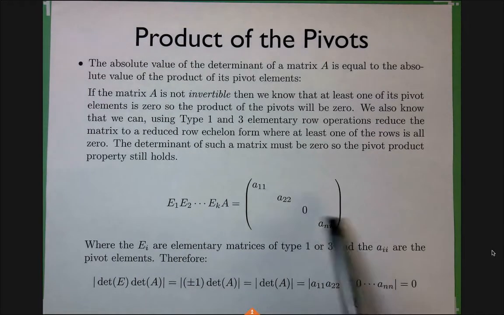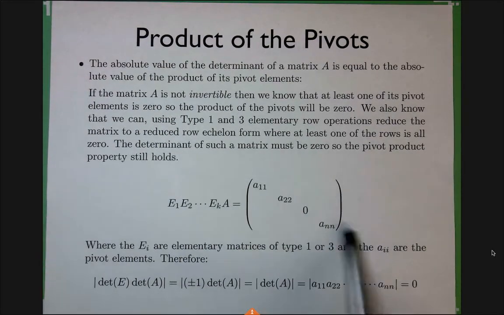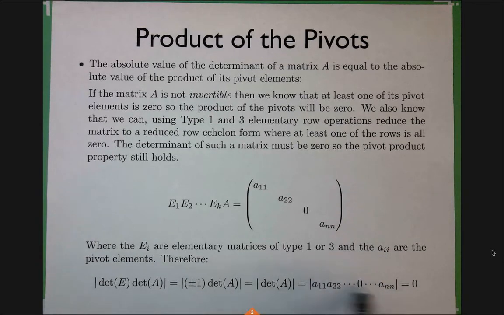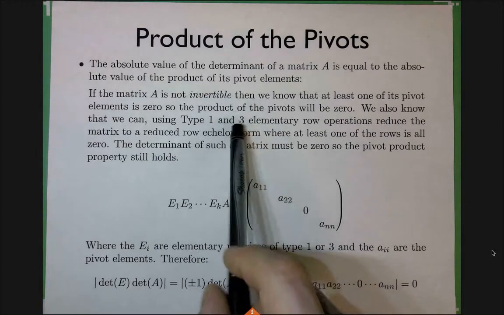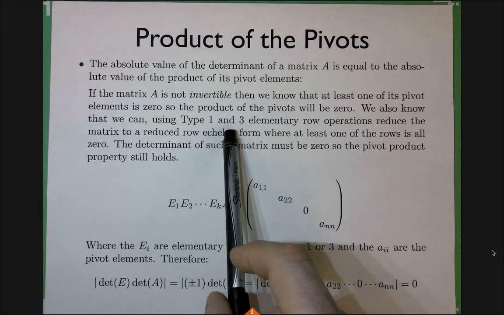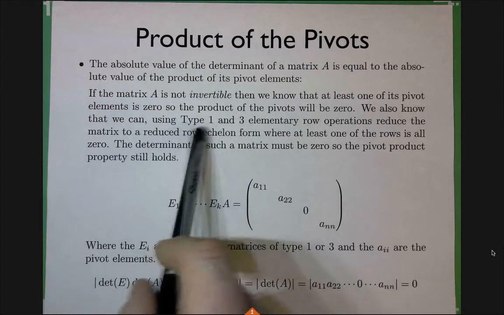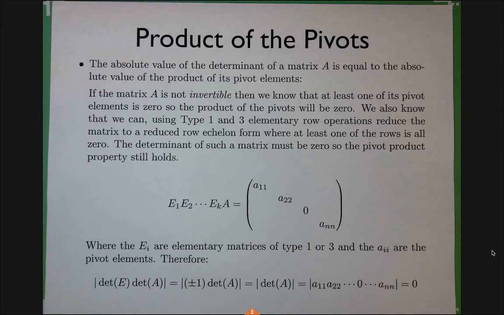So then it means that the product of the pivots will be 0, right? Because we have a 0 there, so it will turn everything 0. In this case, the absolute value doesn't even matter because at the end of the day, we have the product of all the pivots, which is 0. So again, the story is the same. By applying elementary row transformations, except for the scaling, the type 1 means also scaling, but only by -1, so it's only changing the sign.